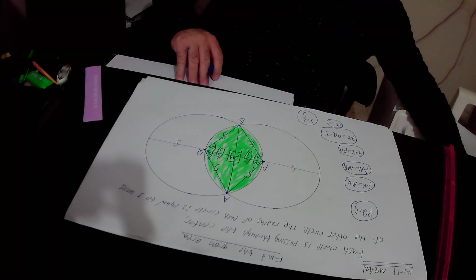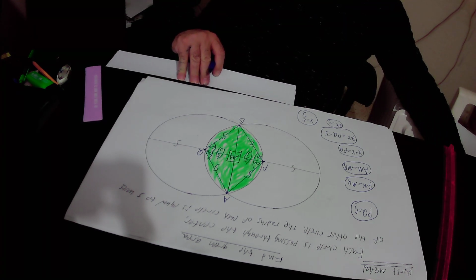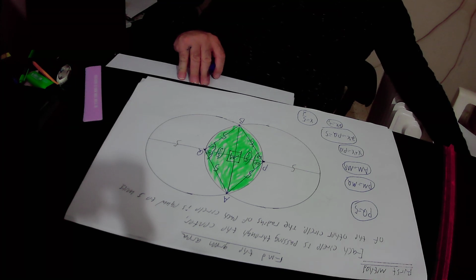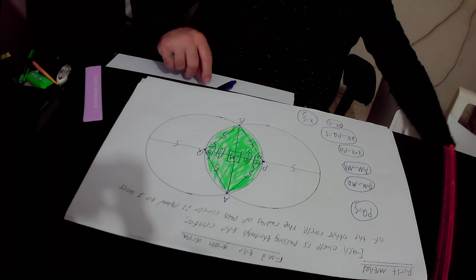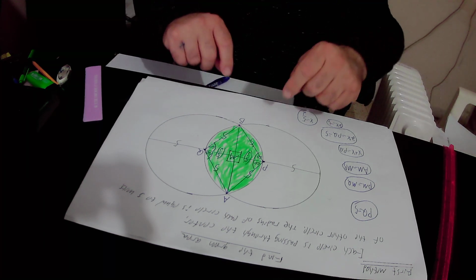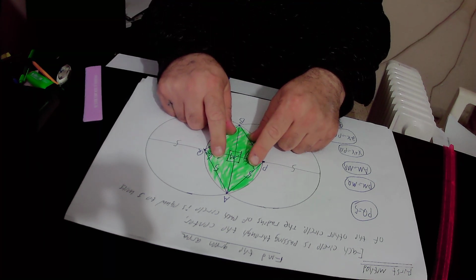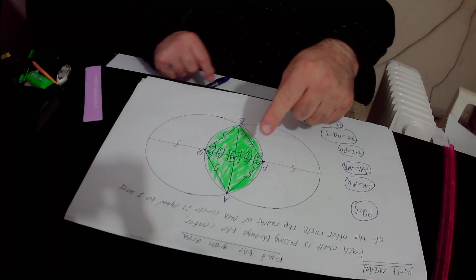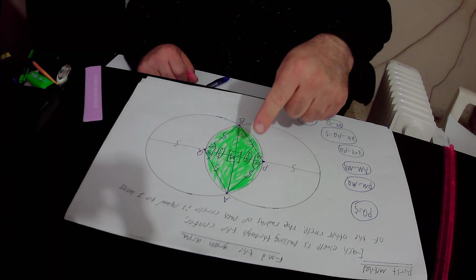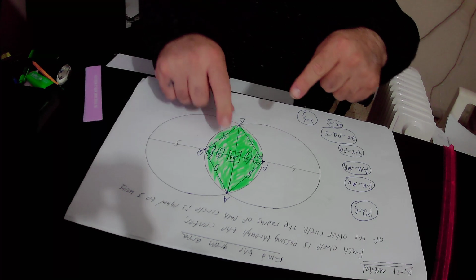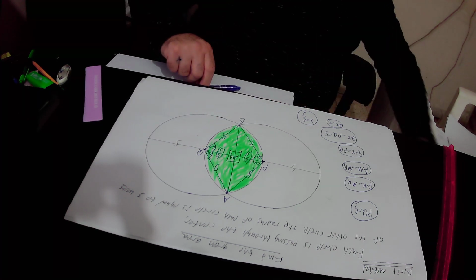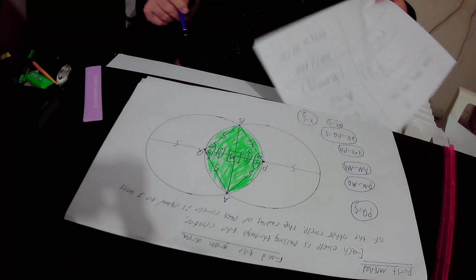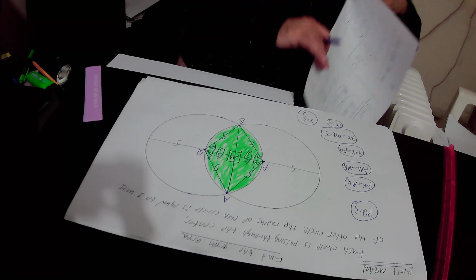And from the fact that those two triangles are congruent to each other, we will conclude that they also have the same areas. So we will conclude that the area of triangle APB is equal to the area of triangle AQB. Okay, so I'll write it down.